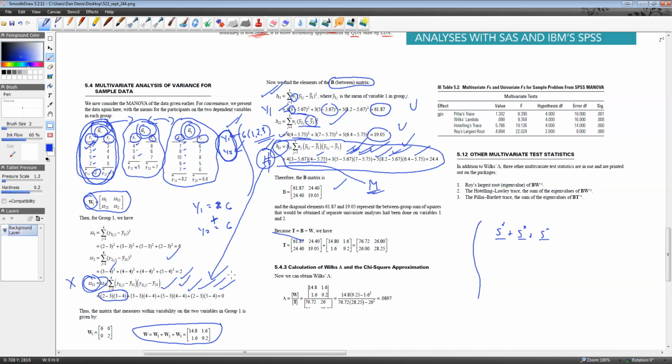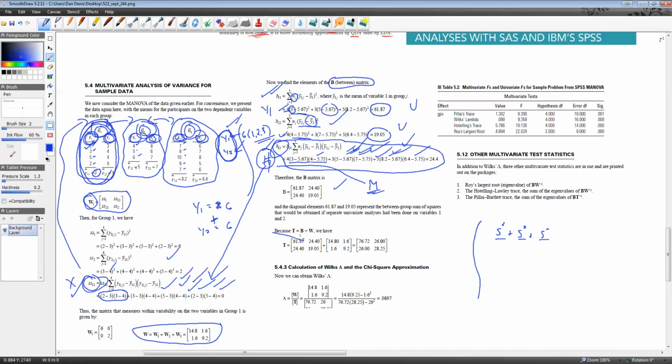This other one is just pooling all that within stuff. It's taking into consideration the covariability, those cross products, but it does not care about group structure. This one here does. So this is the primary idea for the multivariate.